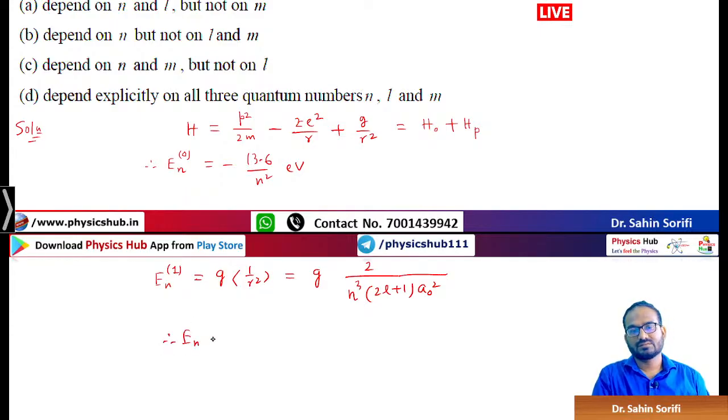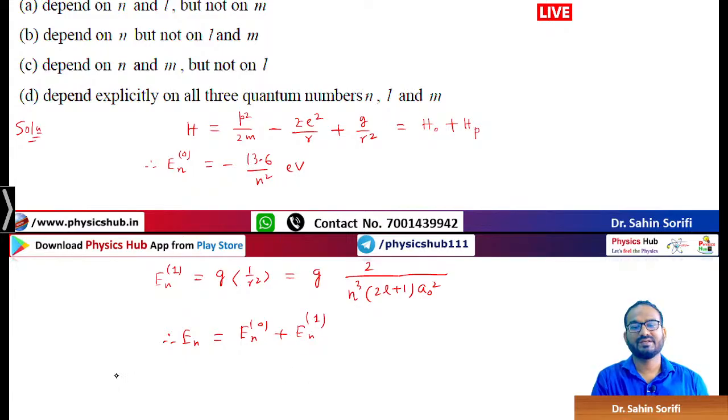So this type of problem is a little bit informative. Previously we had no perturbation, only the unperturbed Hamiltonian was there, and we were getting only n dependency, minus 13.6 by n square. But now we have the perturbation, so obviously the energy expression will be changed. Along with the n dependency, we are also getting l dependency coming from the perturbed part.